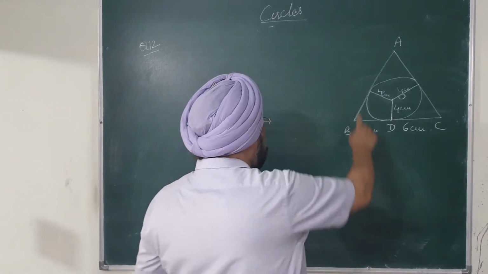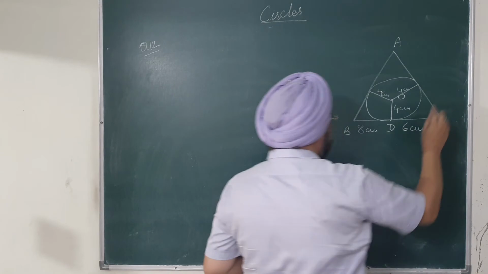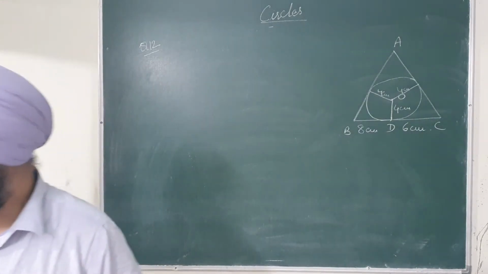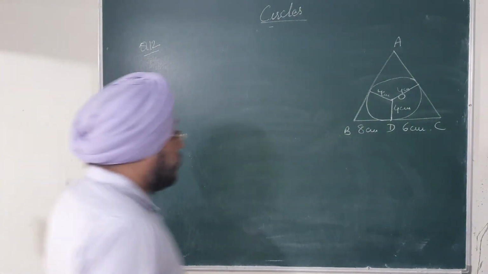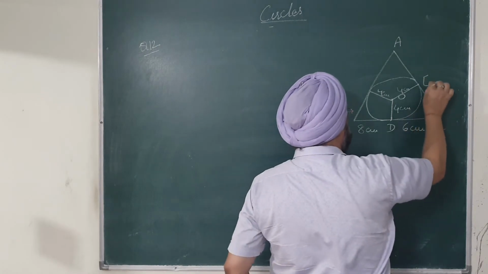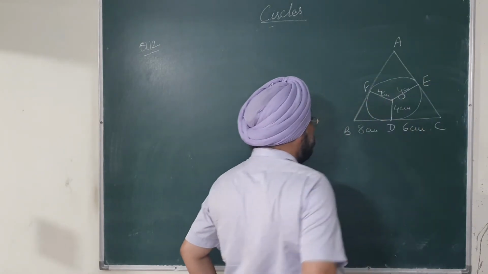Find the sides AB and AC. So let us take this point as E, this point as F.